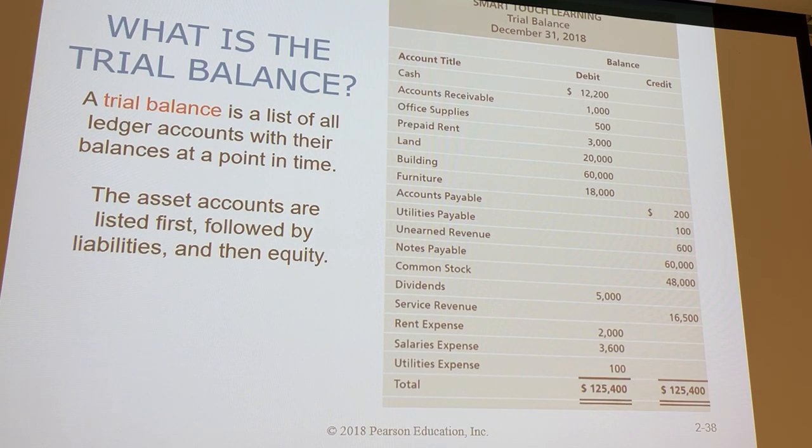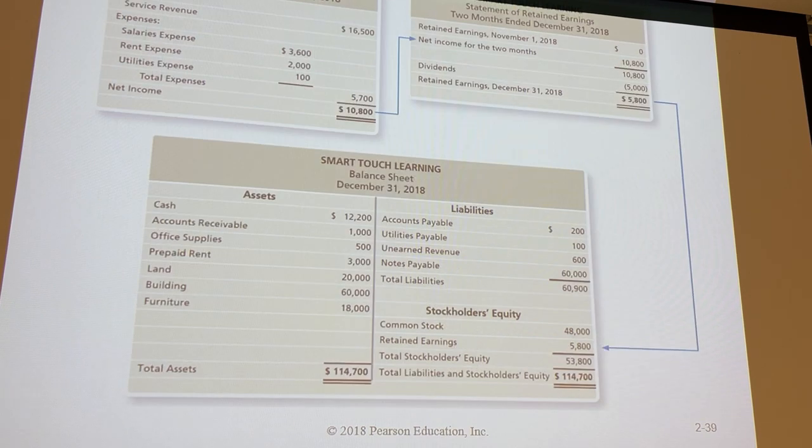Now, the trial balance is then used to prepare our financial statements. And I'm not going to talk very much about financial statements in this chapter. We already talked about them in chapter 1, and then we're going to get back to them when we get to chapter 4. But just for review, we said that we always prepare the income statement first, and we calculate the amount of net income for the period on the income statement.